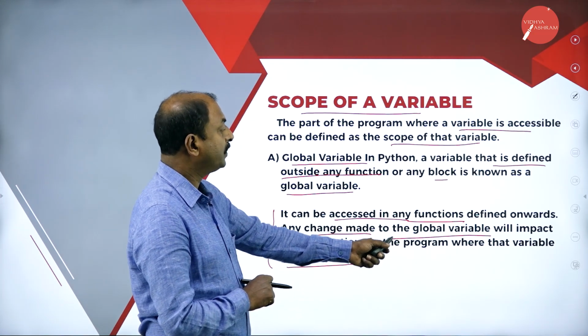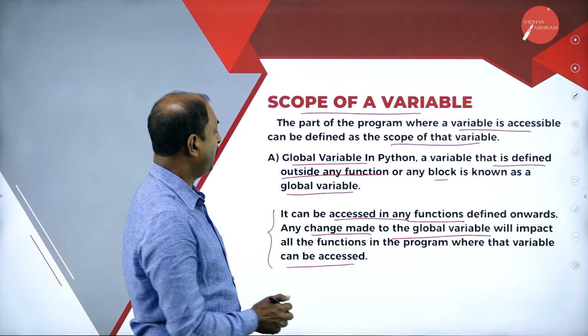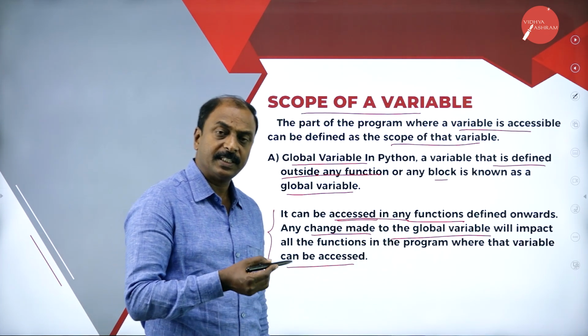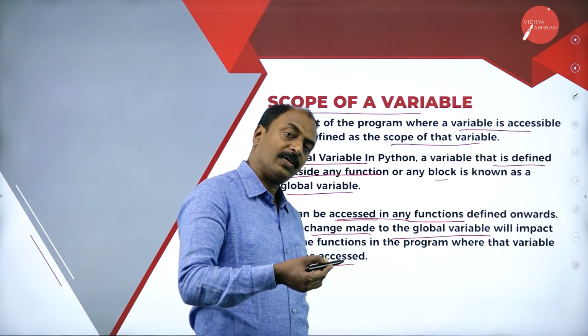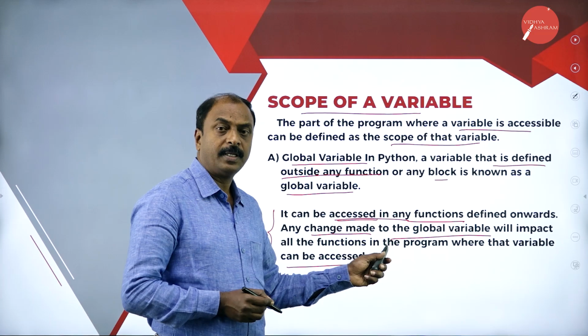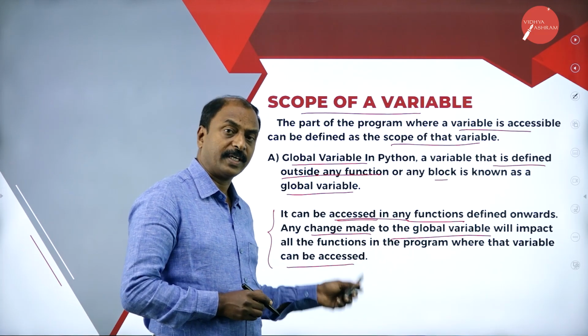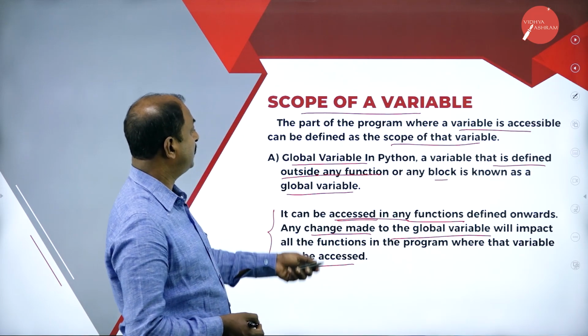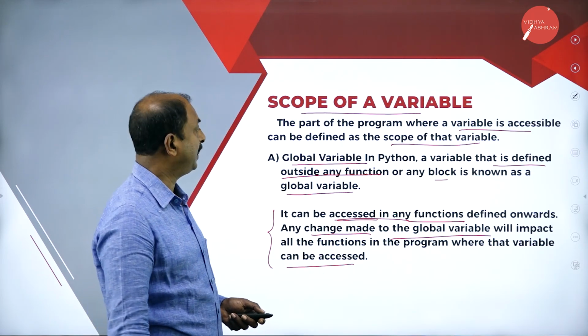That is the meaning of the statement here. First, it can be accessible anywhere in the program, even inside a function or another function. And also any changes made to the variable are going to affect all the functions where the global variable is used. So this is the definition of a global variable.